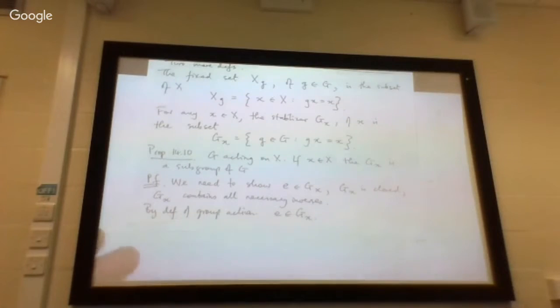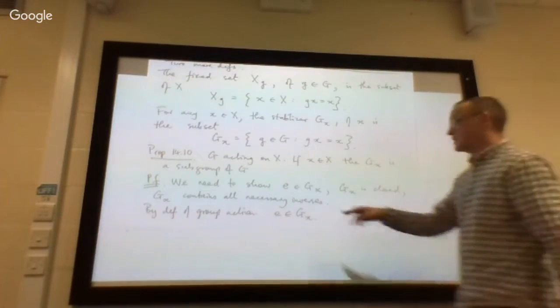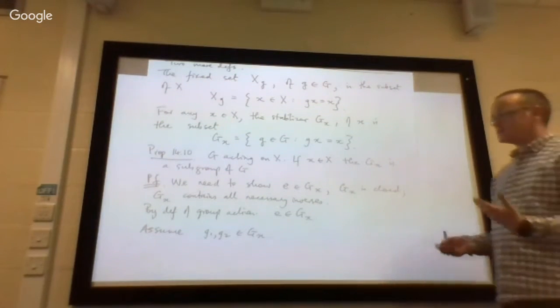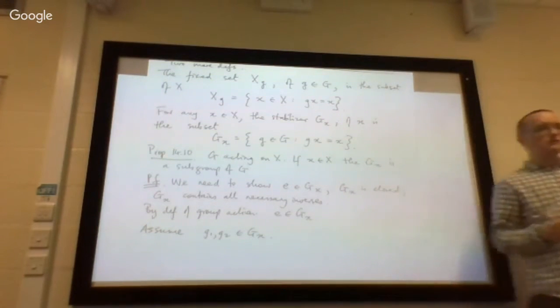Closure. There's some elements of G_x, at least the identity is in there. So now we can ask, let's assume we've got two elements, g1 and g2, in the stabilizer. The question is, we're trying to prove that the product of them is in the stabilizer.